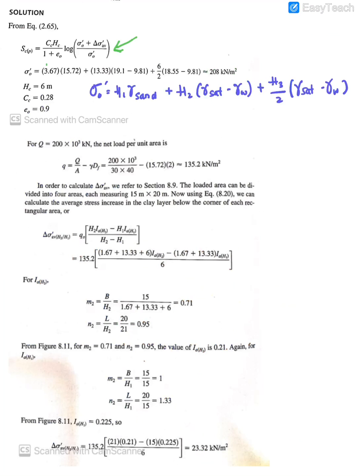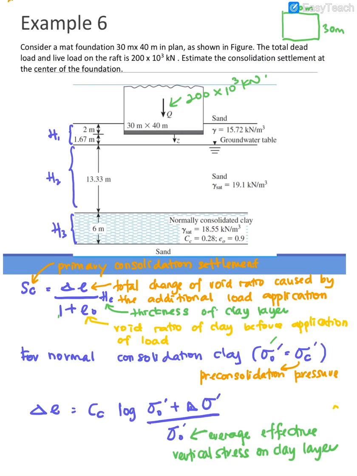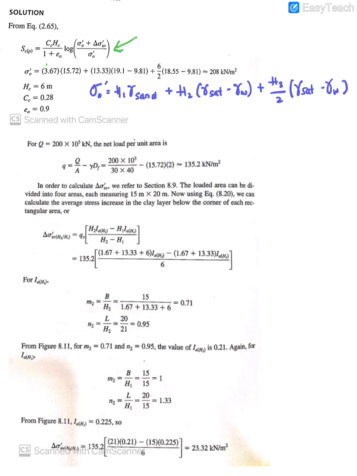You substitute all the values: gamma sand is 15.72, gamma saturated is 19.1, and for the third layer gamma saturated equals 18.55. Substituting the values into the equation, you get sigma naught prime approximately equal to 208 kilonewton per meter square.